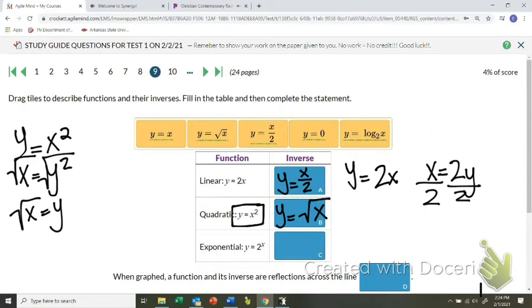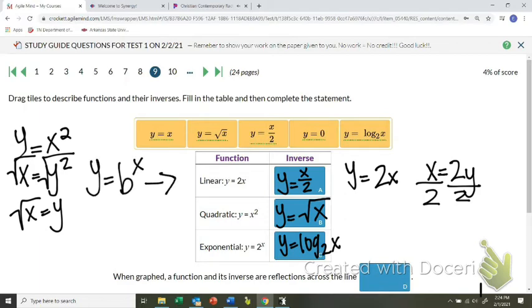Now another one you should already know is the inverse of an exponential is a what base? It's a log. So just jot this down. y equals b to the x changes to y equals log base b of x.